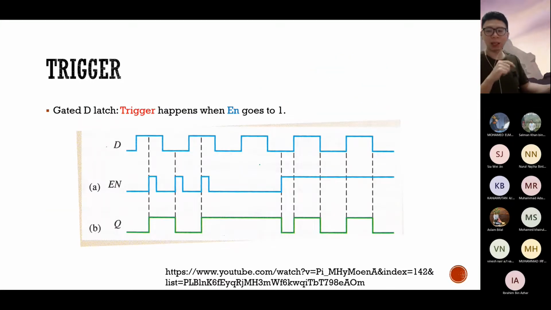This timing diagram is an important one, so pay close attention. This is the timing diagram that we covered in the last class. Later on, we'll see what the difference is. This is the timing diagram of a trigger that happens when enable goes to 1.